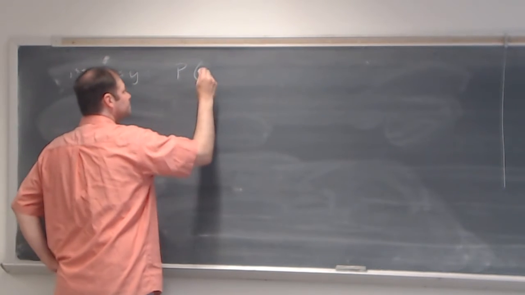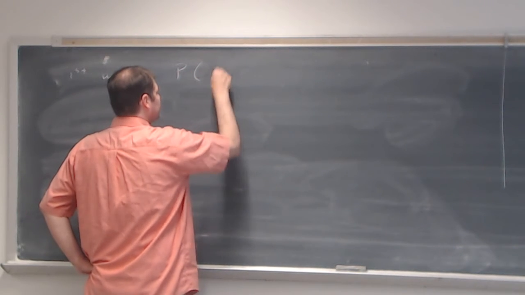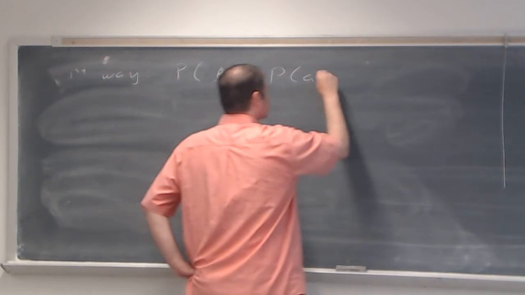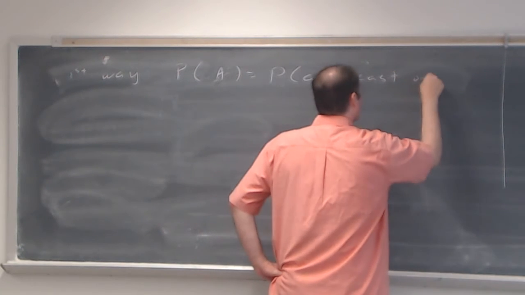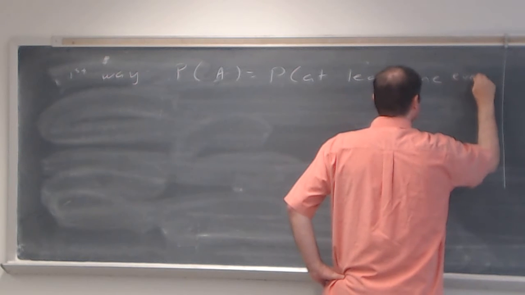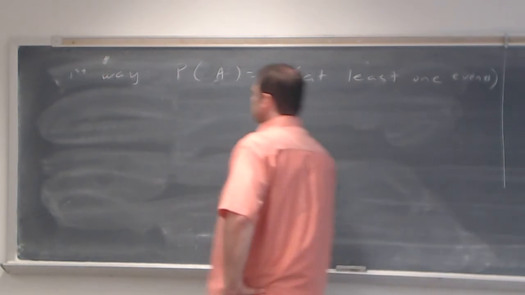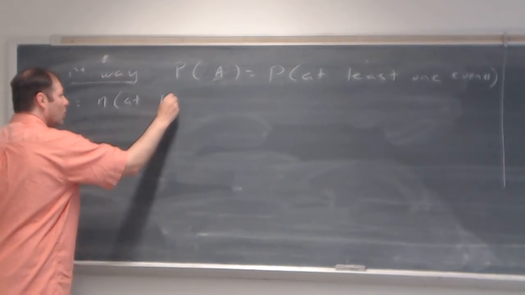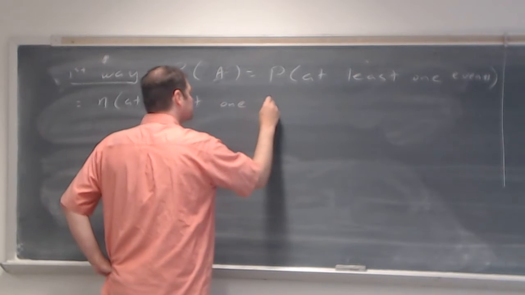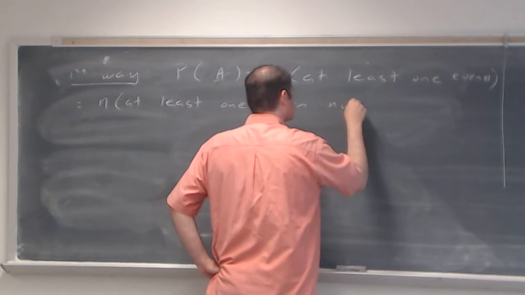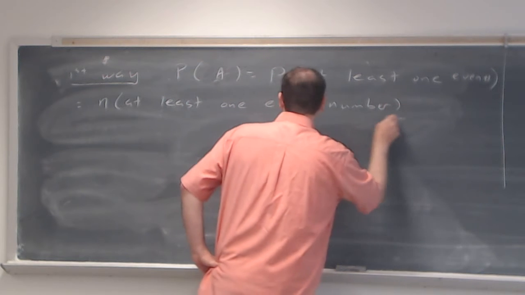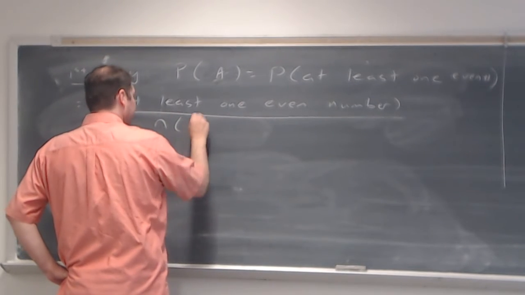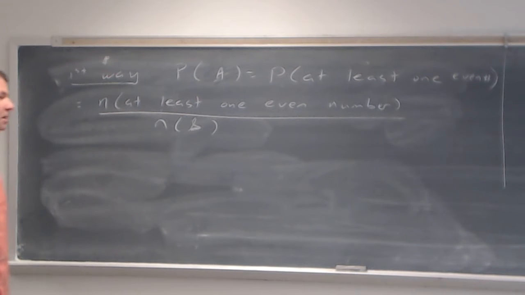The probability of at least one even number is equal to the number of ways of getting at least one even number over the number in the sample space. And this is true because our sample space consists of equally likely outcomes.